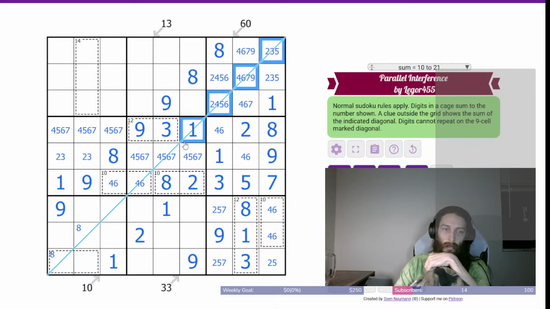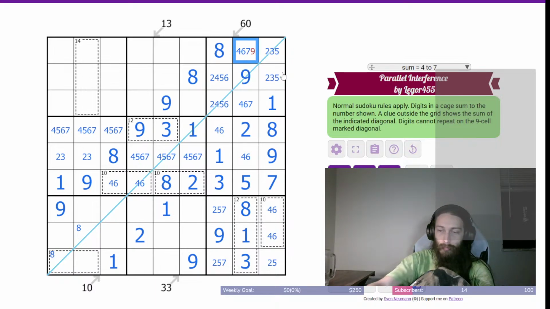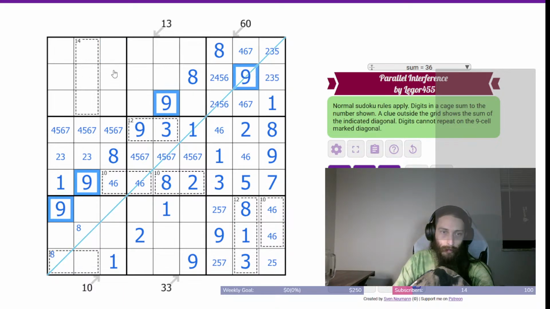Oh, where's the 9 along this diagonal? It's already in box 7. It's already in box 5. That's not a 9, and that's not a 9, so that is. So that's our 4 9s looking into box 1.